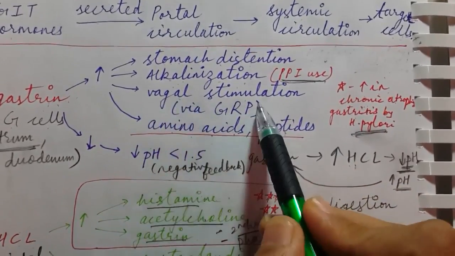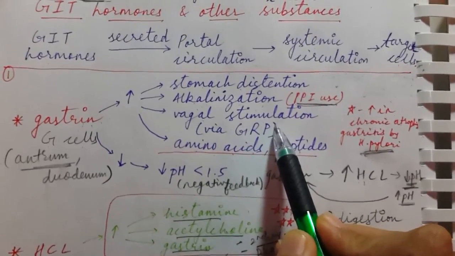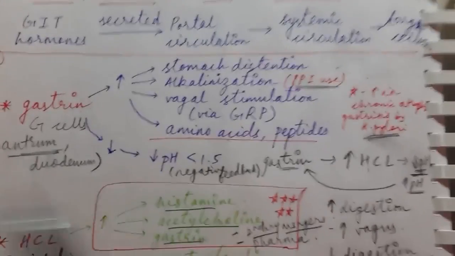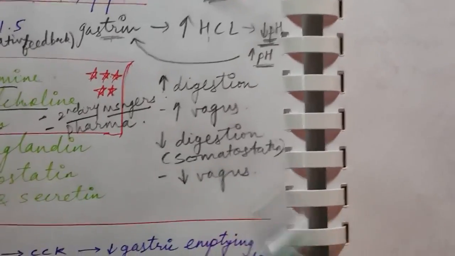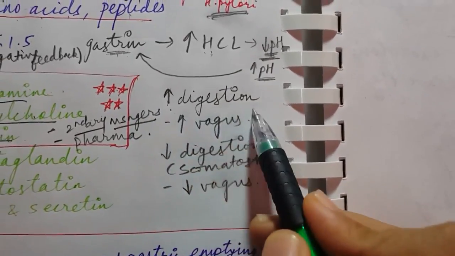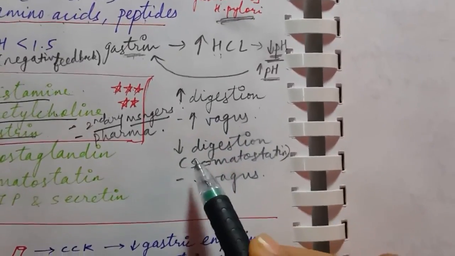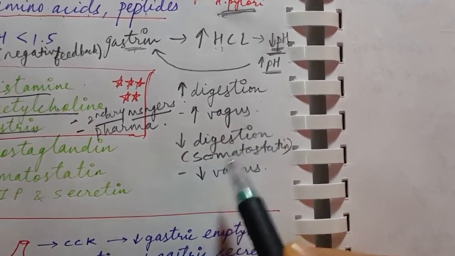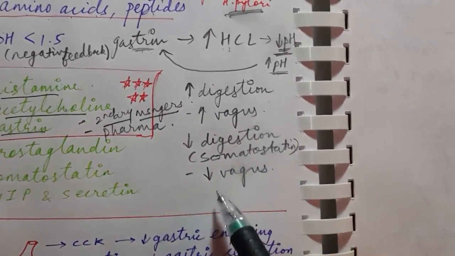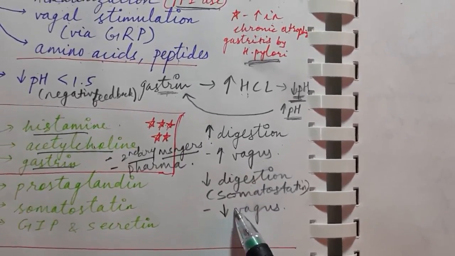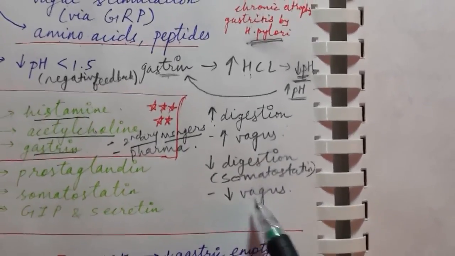The third one is vagal stimulation. Any hormone that helps in digestion, its production will be increased by the vagus nerve, and any hormone which decreases digestion, for example somatostatin, its production will be inhibited by the vagus nerve. This doesn't apply to all hormones, but most of them.